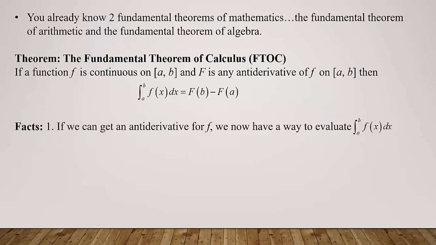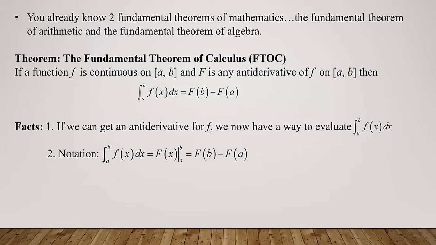So here are some facts. If we can get an antiderivative for our integrand, little f, we now have a way to evaluate the definite integral. Second fact is a notation that everyone uses.